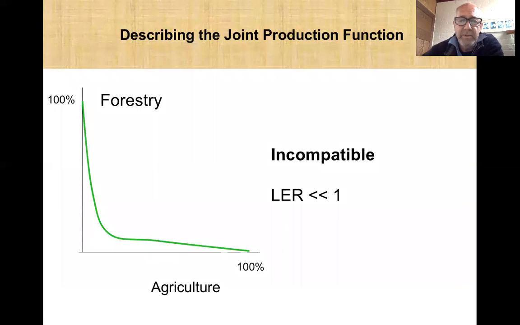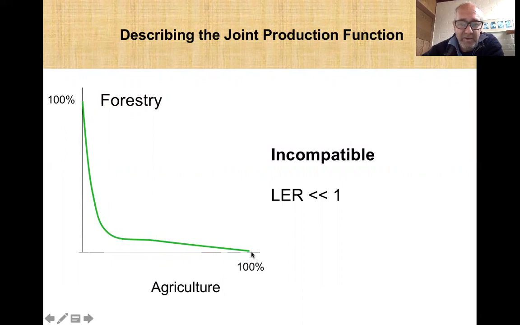There are very competitive ones. I call them incompatible. A combination of trees and agriculture which just destroys both effectively. So let's look at this. We've got 100% forest. You introduce agriculture and there's a dive in the amount of forestry you get. That could certainly be an example of, say, introducing sheep into a forest when the sheep destroy the trees or destroy the market for the trees, their marketability or the quality, ring barking the trees.